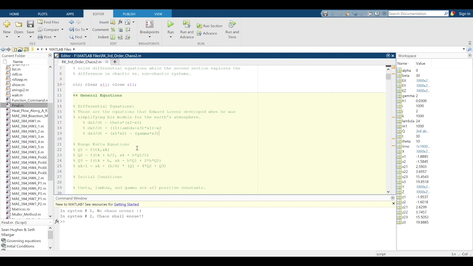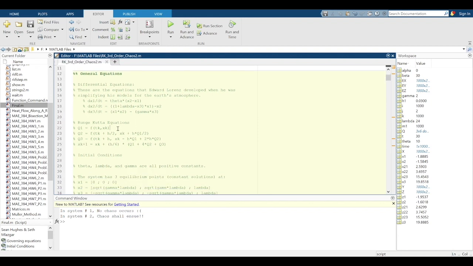However, this code was using a third order Runge-Kutta method, and so that's why you see 1, 2, 3 Q equations along with this next X equation. The Runge-Kutta method is used as a sort of time step approach to solving these differential equations. What happens is if you're given an initial condition, an x and a y, it's going to use the differential equations.